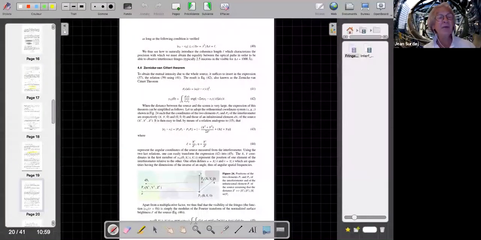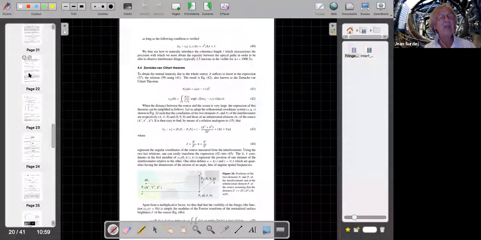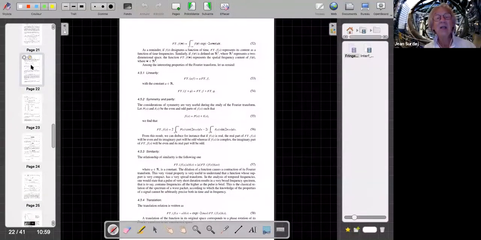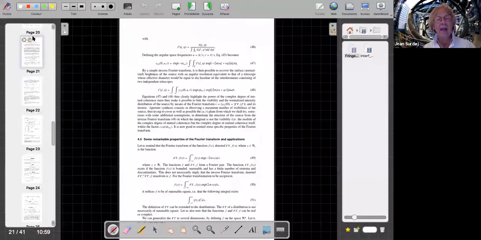So I come back here to the present lecture, where I just outlined in the lecture notes and in the video as well some remarkable properties of the Fourier transform. So this is just the expression of a Fourier transform in one dimension.